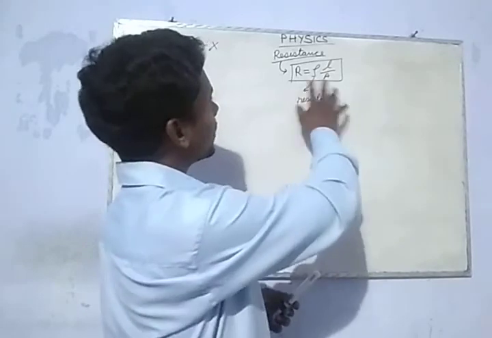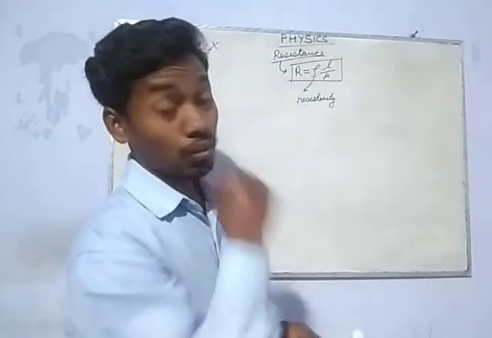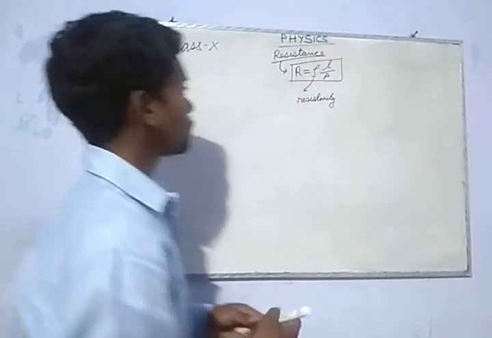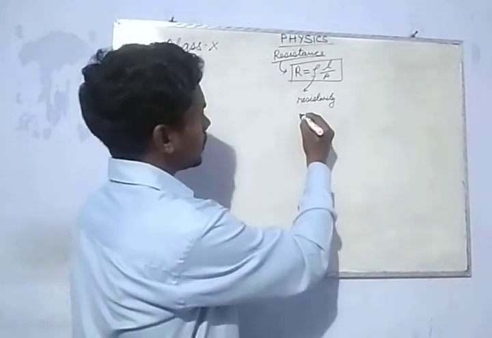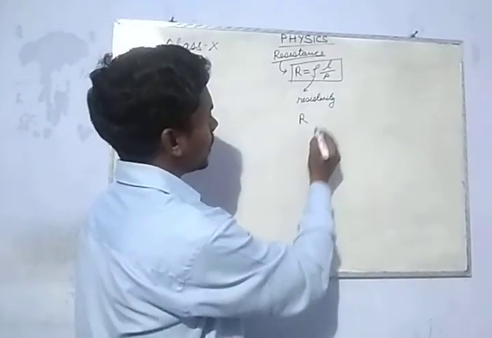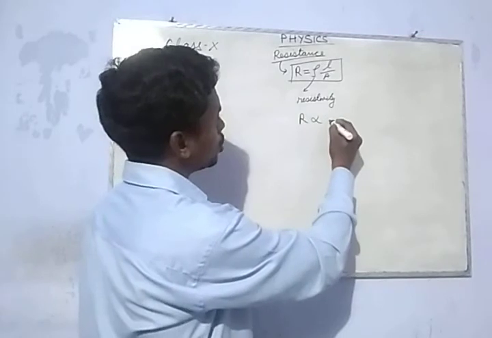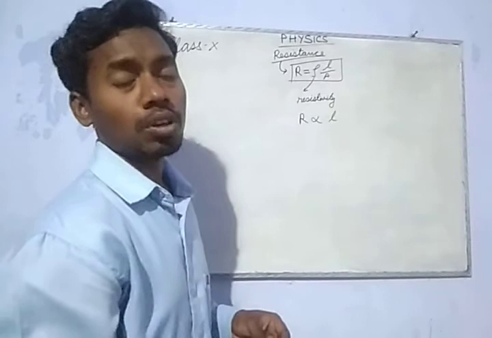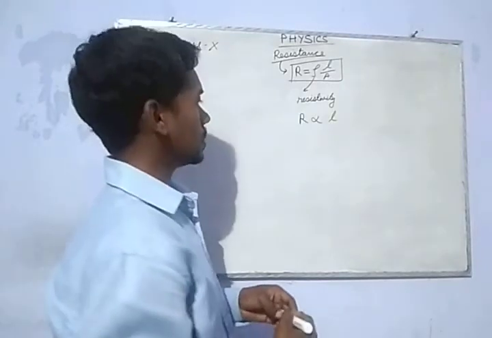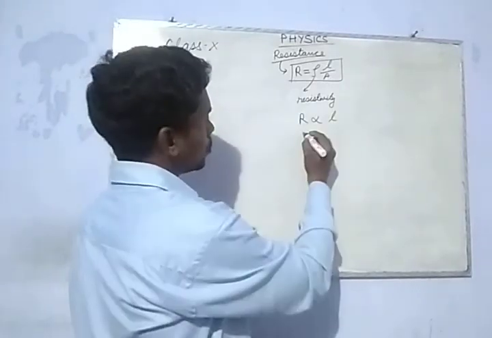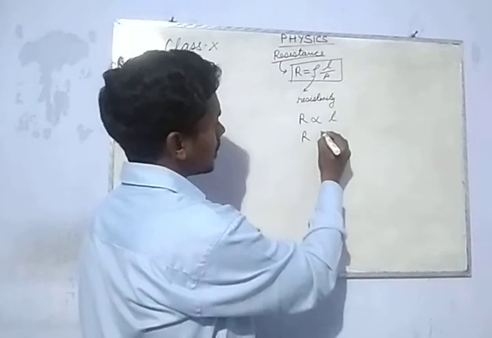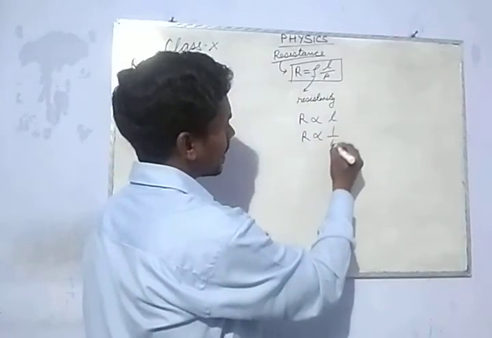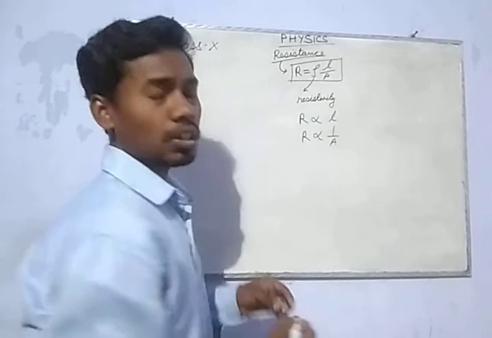Now you would be thinking, how do we get this expression for resistance? Actually, this resistance is directly proportional to the length of the conductor. Also, this resistance is inversely proportional to the area of cross section of the conductor.